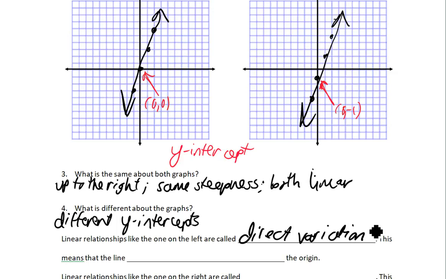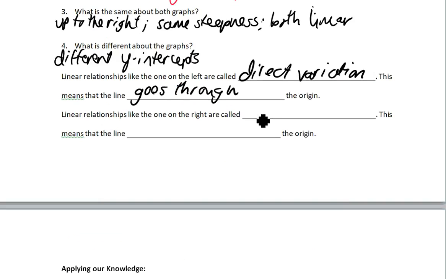And all that means, it's a really fancy word for saying that a line goes through the origin. And the ones on the right are called partial variation. And that's just a really fancy word for lines that don't go through the origin.